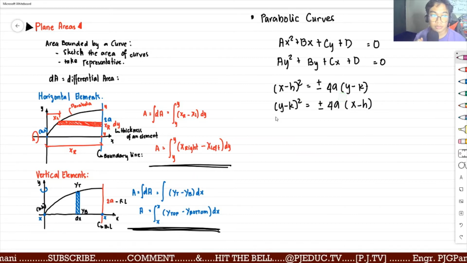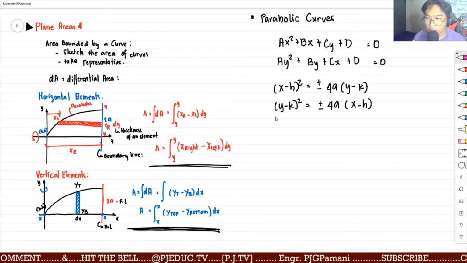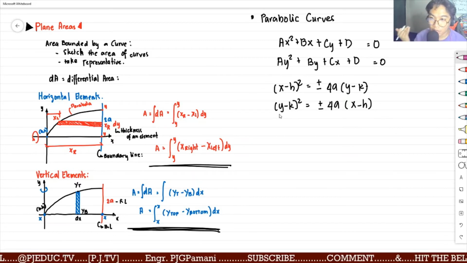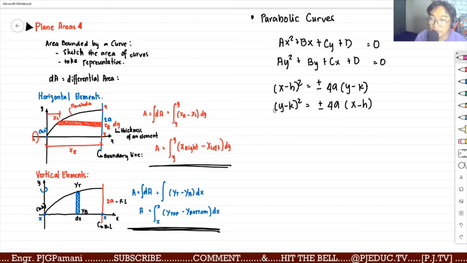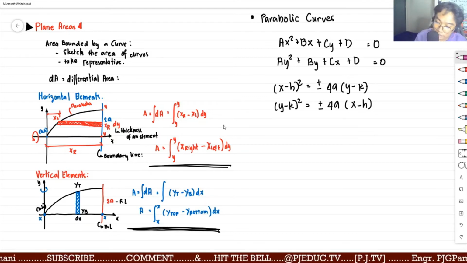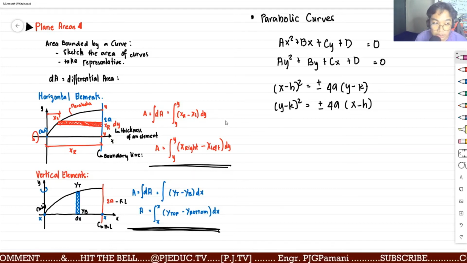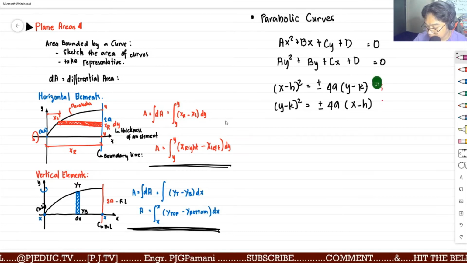Now, do you still know how to interpret a parabolic curve if it is opening right, left, up, or down? You still remember?